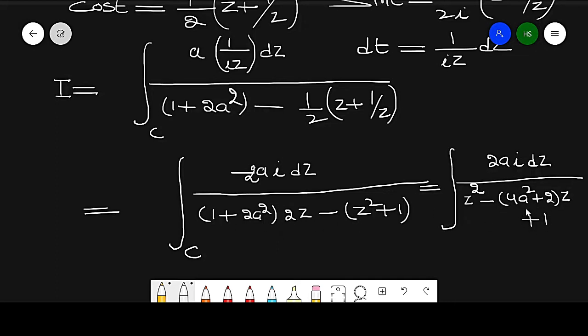So I get this integration 2a iota, plus 2 times, also written simply in this way.